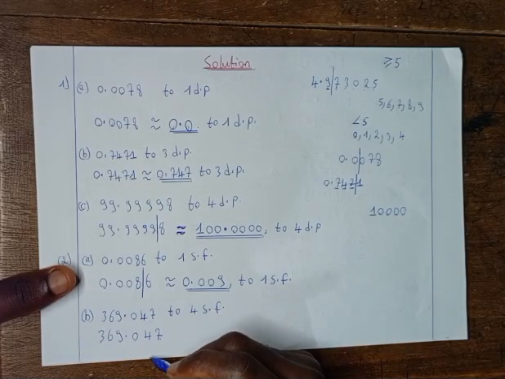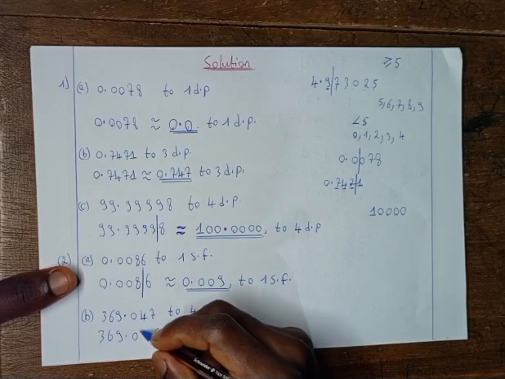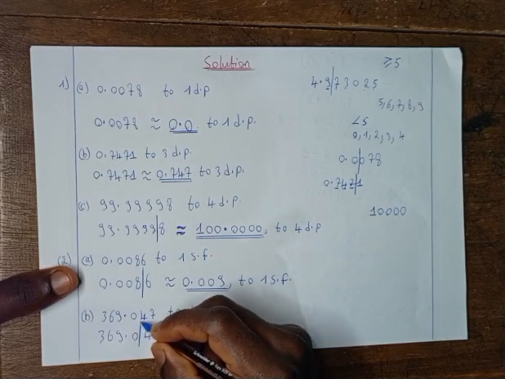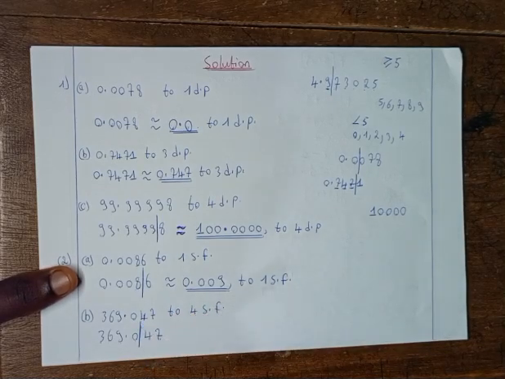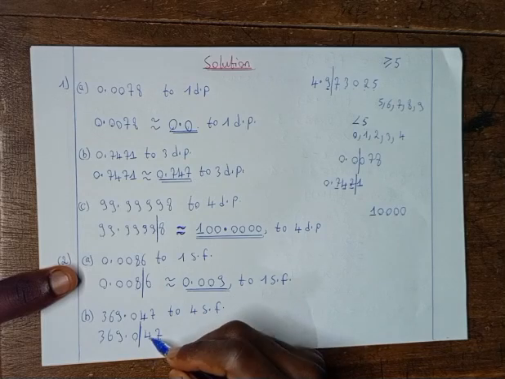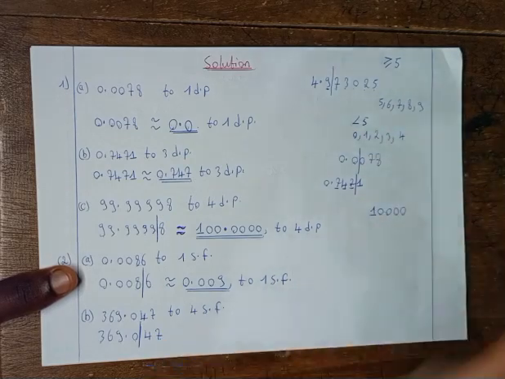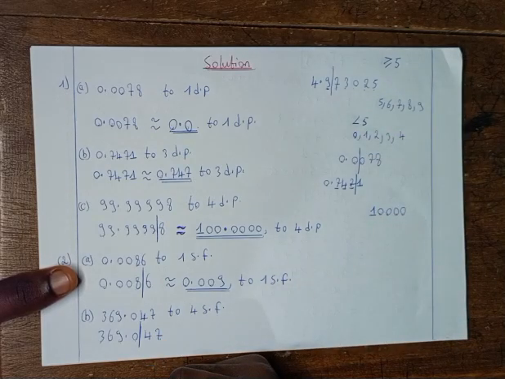Writing this number to 4 significant figures, that means we have to round off between 0 and 4. We have to round off here. 4 is less than 5. It is rounded down to 0. This 0 will remain unchanged.